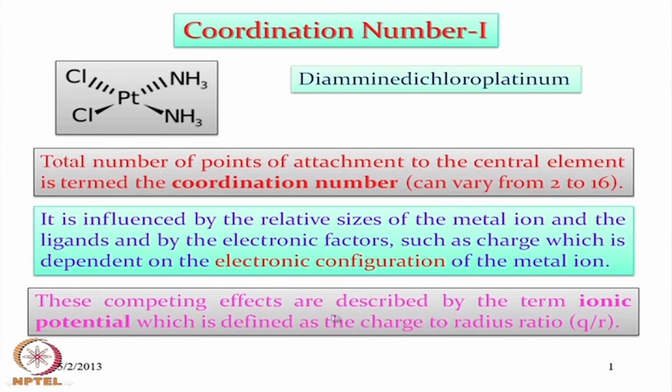So, these competing effects are described by the term ionic potential. If we consider the charge and the radius and the ratio of these two, we will be talking in terms of the ionic potential. So, the ionic potential of the metal ion will control the coordination number for different metal complexes.